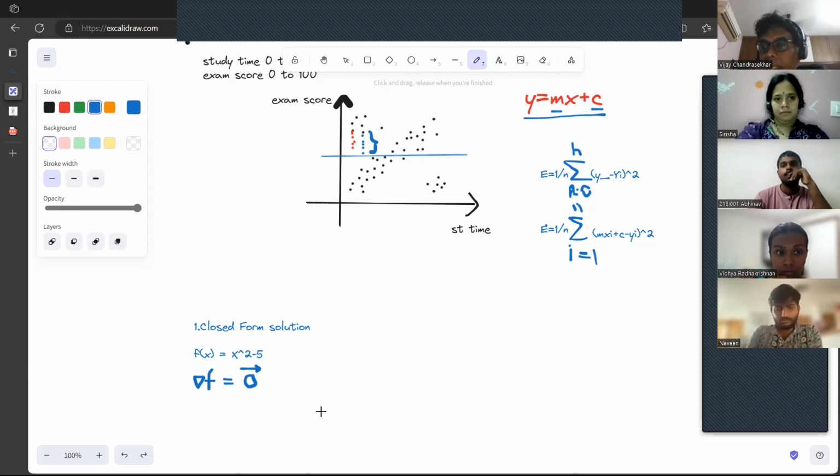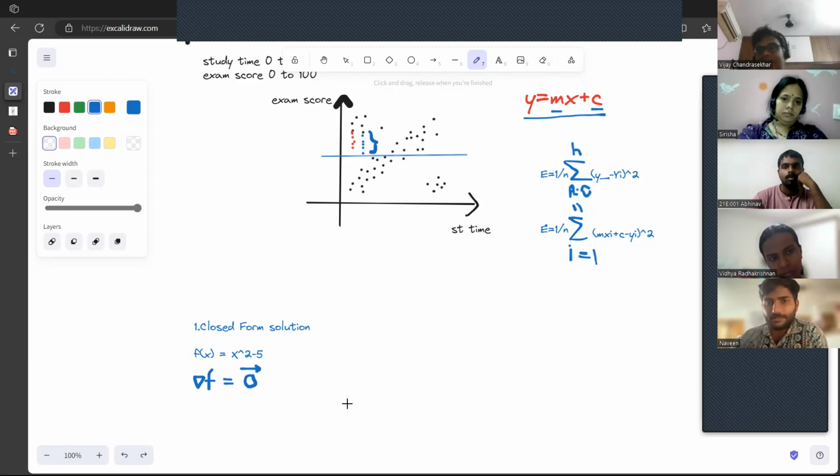Now, if you look at this equation here, the error equation, it's an equation in two variables, m and c. So to get the closed form solution, all that you have to do is take the partial derivative of the error with respect to m equated to 0, take the partial derivative of the error with respect to c equated to 0, and try to solve. Of course, there is a second derivative that you need to take to figure out whether it's a maxima or a minima.